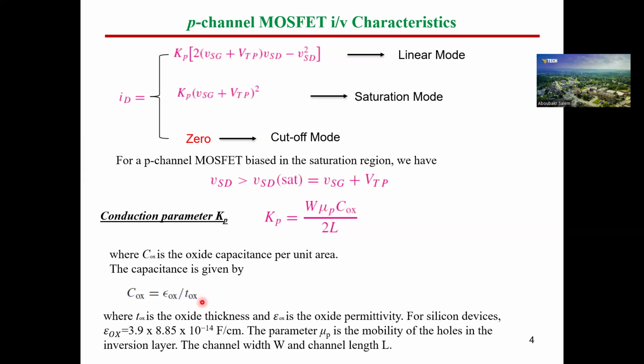So the per unit area capacitance equals epsilon divided by TOX. And again, TOX is the thickness of the oxide material, thickness of our channel. Okay, so these are now the parameters we have to calculate in order to give the relation between ID and VSD. So this is for the P-channel MOSFET.